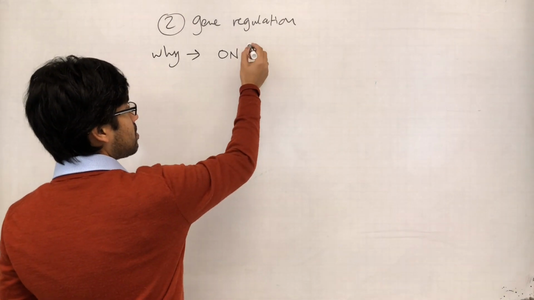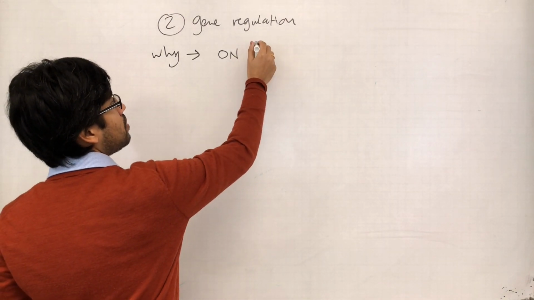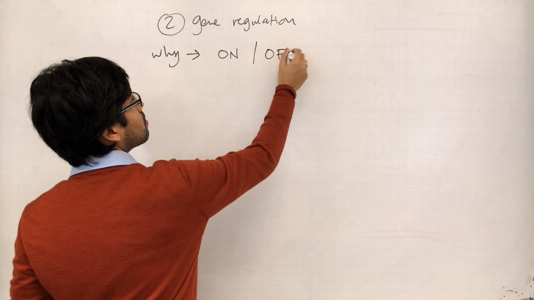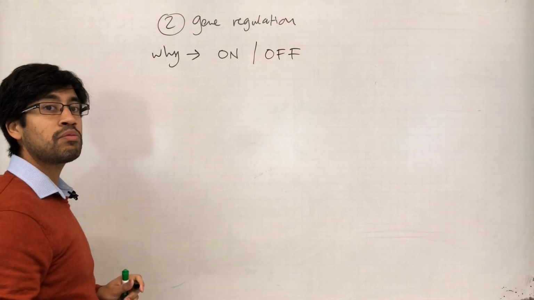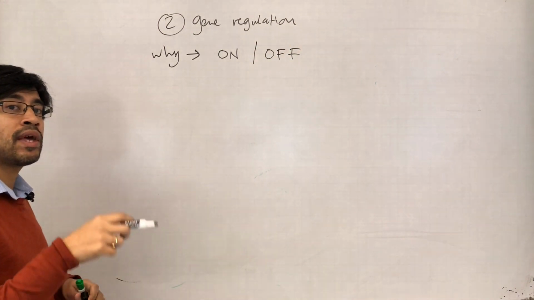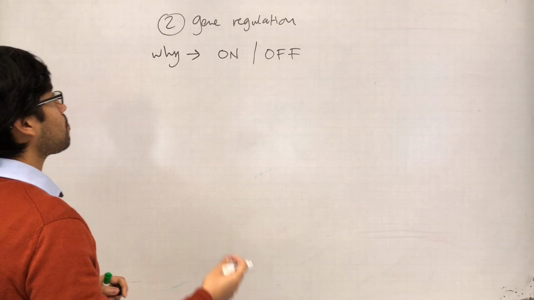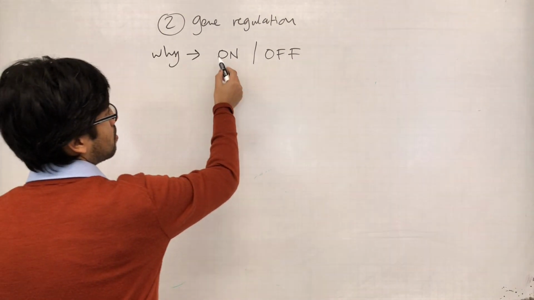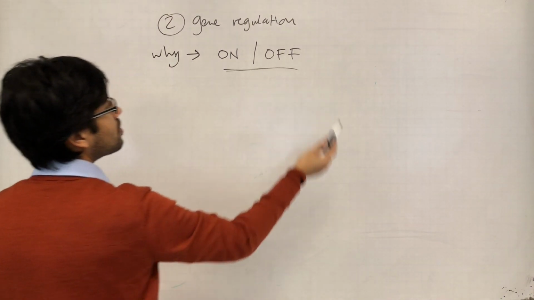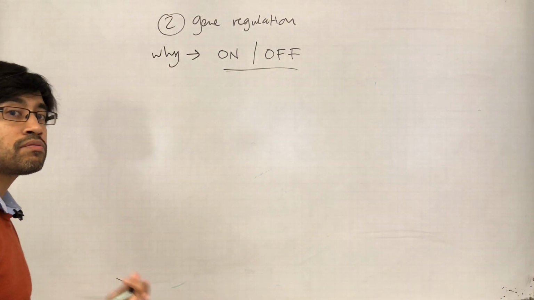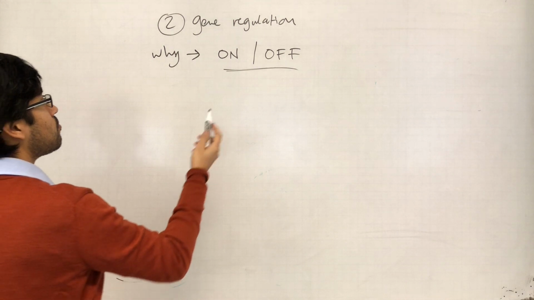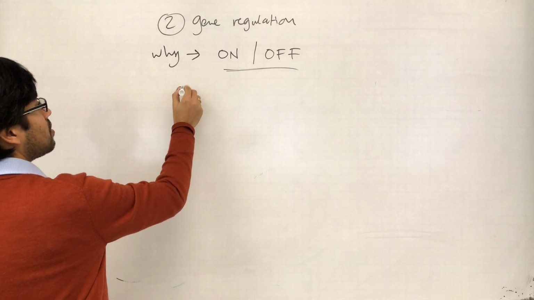But it's just as important in organisms to be able to turn genes off and to prevent them from being expressed when they are not needed. We'll look at some examples. The most obvious example in terms of on and off in genes is, for example, when you have differentiation.